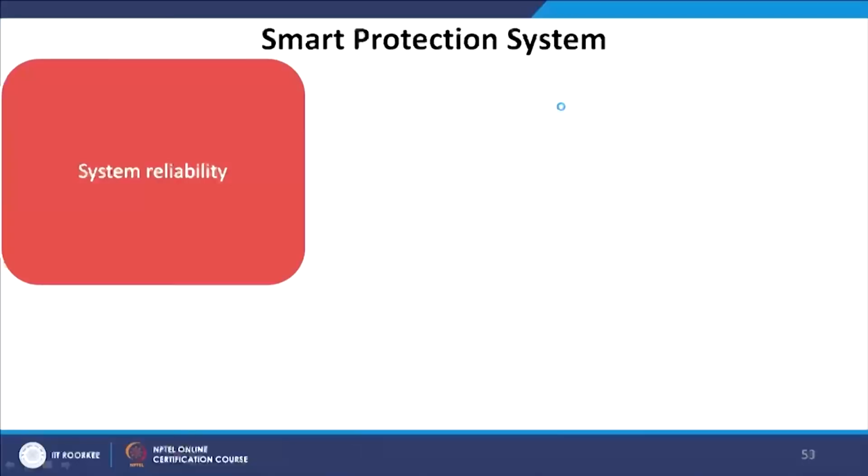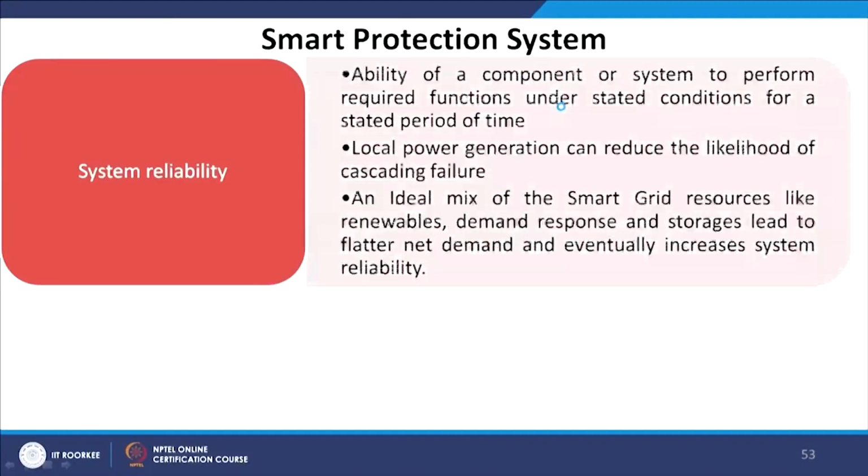Smart protection system achieve system reliability, that is ability of a component or system to perform required functions under stated conditions for a stated period of time. Local power generation can reduce the likelihood of cascading failures.